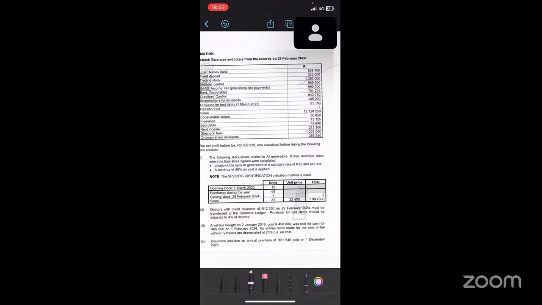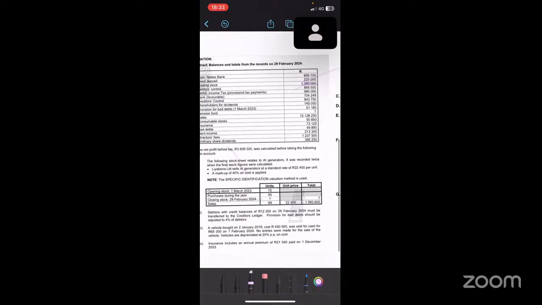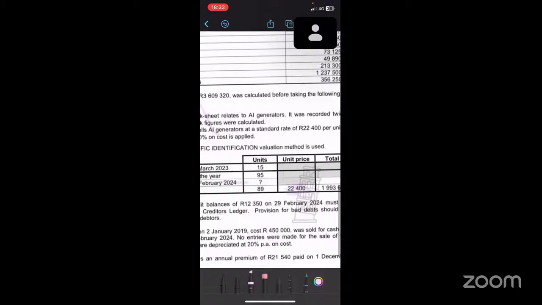Right? So now that we have 21, it's the units that were left at the end, and now we're going to calculate for the price. The unit price is there. This is their selling price, not the cost price.